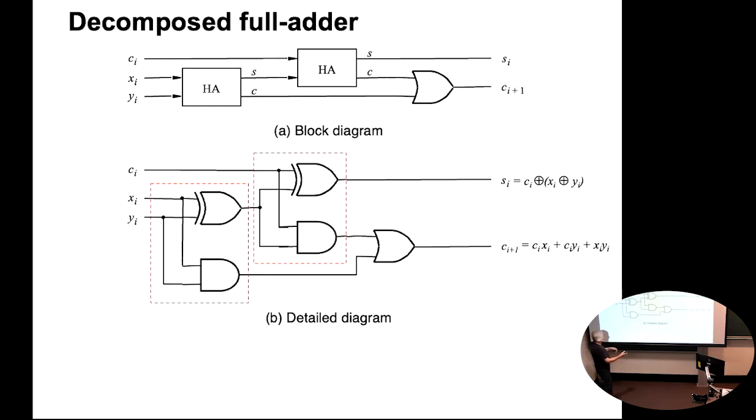As for the carry out, here's the Xi, Yi coming out. For this, we have the exclusive OR of Xi, Yi, so we know either X is true or Y is true, and we're ANDing it together with Ci. That gives us this expression here.